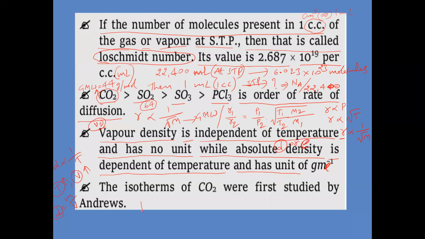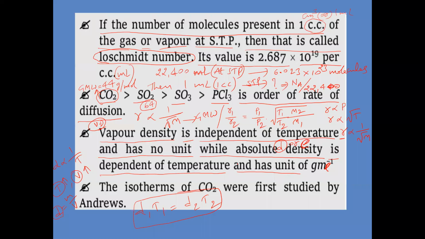That's why we write D1 T1 is equal to D2 T2. This is the relation between density and temperature.